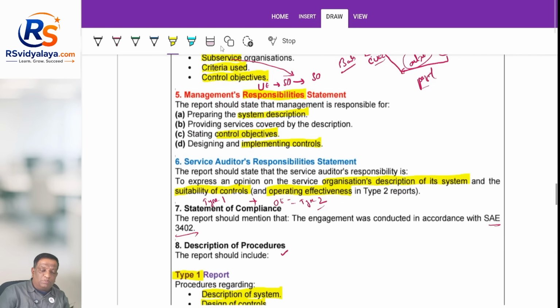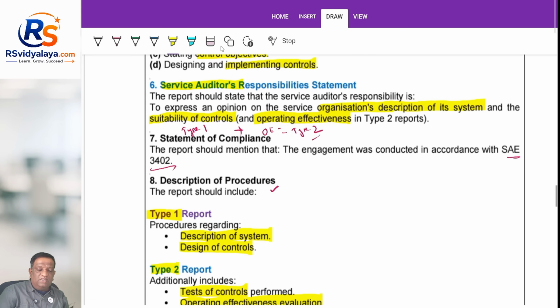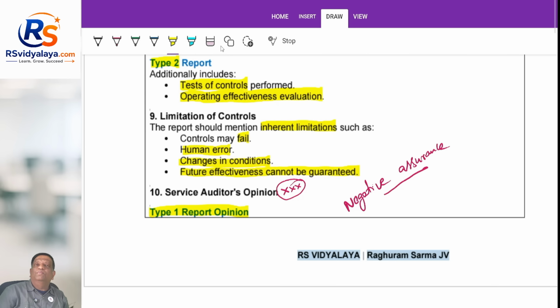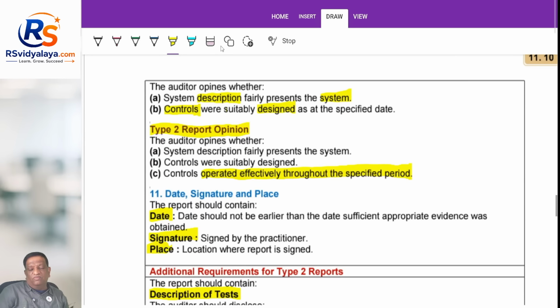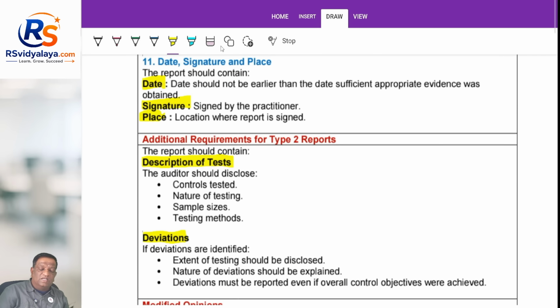And then two responsibilities: management responsibilities and service auditor's responsibilities. And then finally the statement of compliance, the description of the procedures, limitation on scope and the opinion. This opinion is what we call negative assurance, that is what will be given over there, and then date, place and signature.